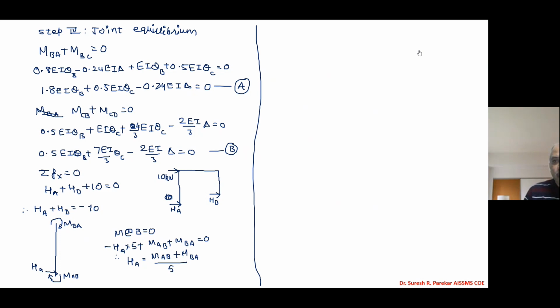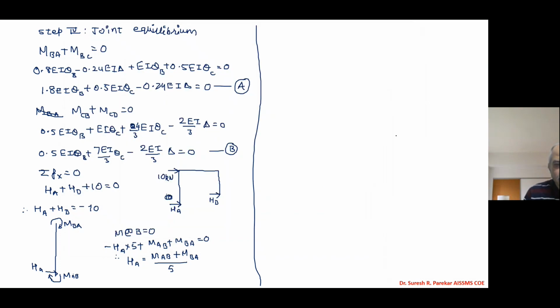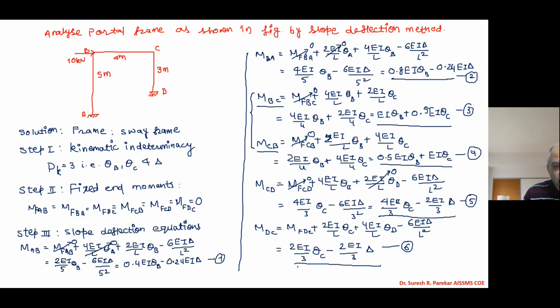Now we know we have the value of MAB. So MAB we have 0.4 EI theta B minus 0.24 EI delta, and MBA 0.8 and minus 0.24.